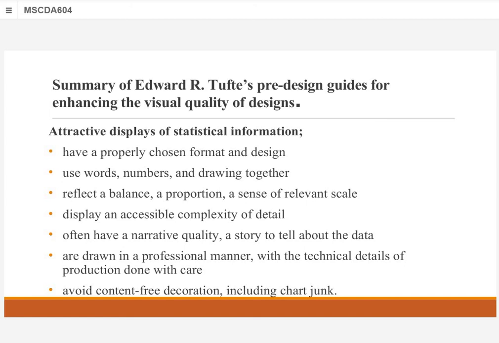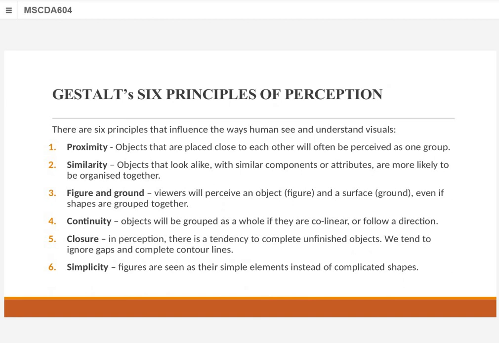Now, so we also have talked about Edward Tufte's principles. Now let's look at Gestalt's six principles of perception. So we are borrowing these principles from these authors or from this literature to help us come up with better visualizations.